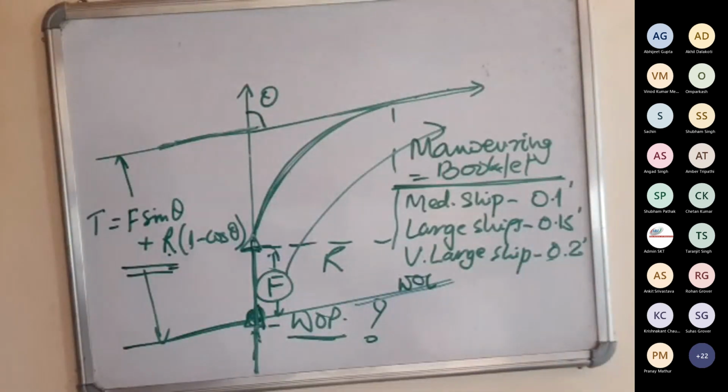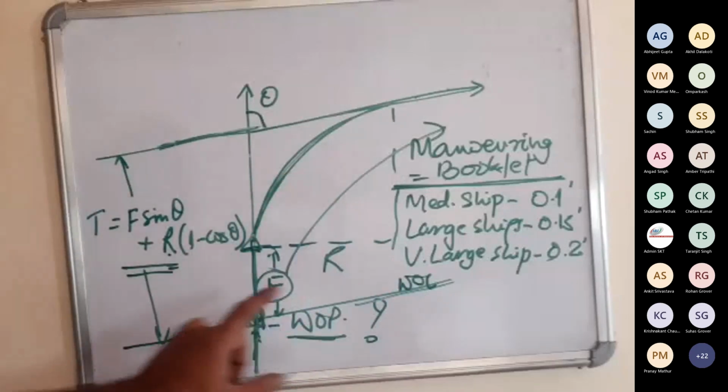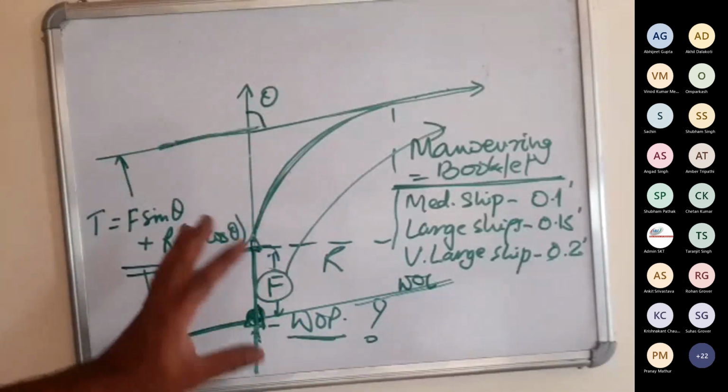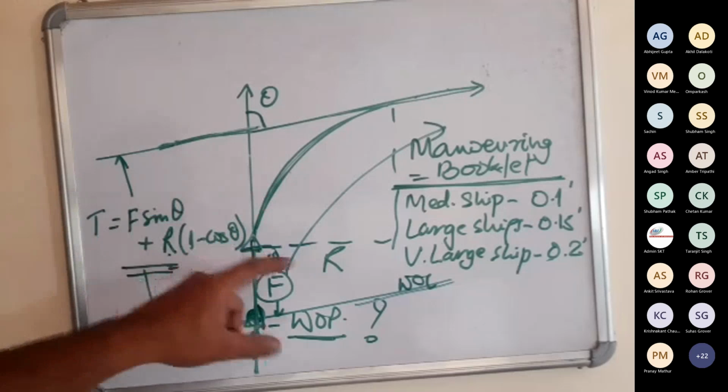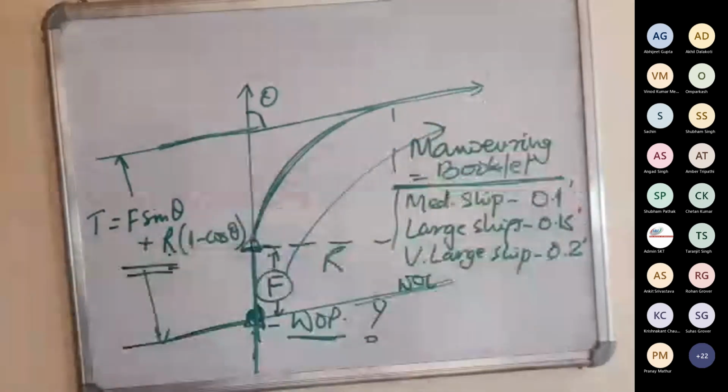The value of F may be taken safely as this. A medium-size ship will begin to turn in about one cable distance.